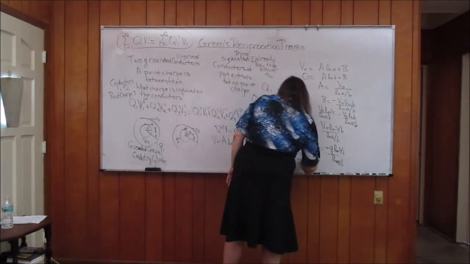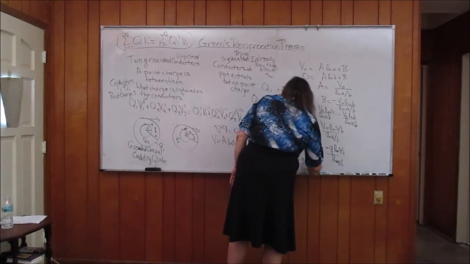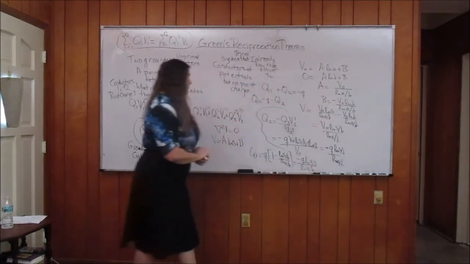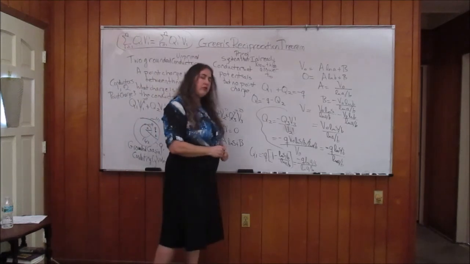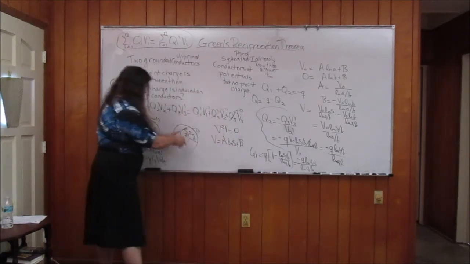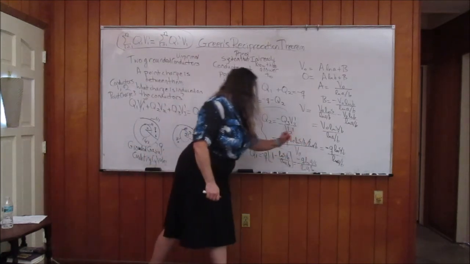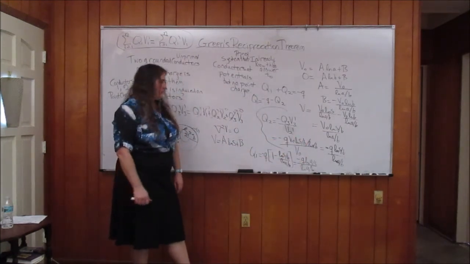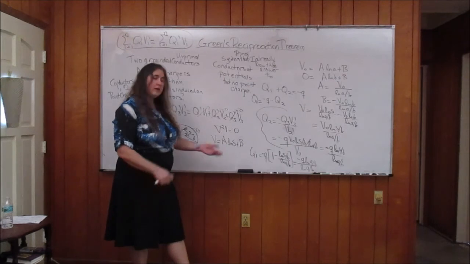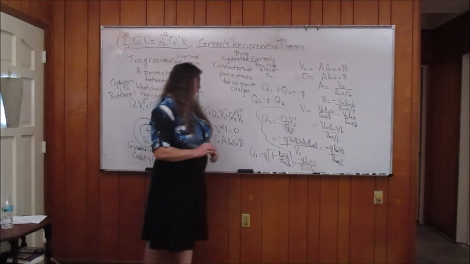This is going to be natural log of A over S, okay? So the charge induced on the outer cylinder is equal to minus lowercase q natural log of A over S over natural log of A over B, okay?